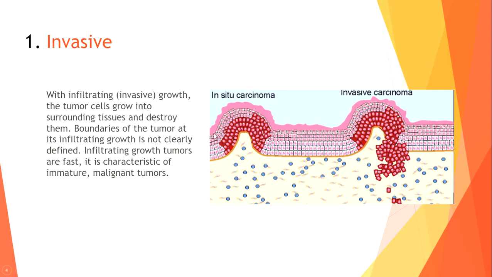So here we see 2 examples in this picture: in situ carcinoma and invasive carcinoma. In situ means that it didn't invade the basal lamina.